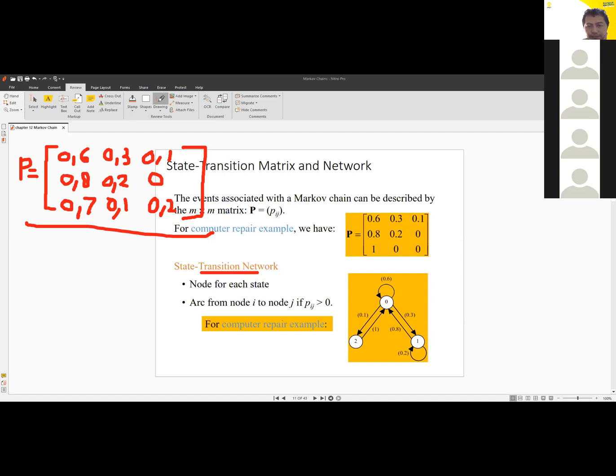How about the others? Two one is actually 2.7, 3, minus 1, 0.1.